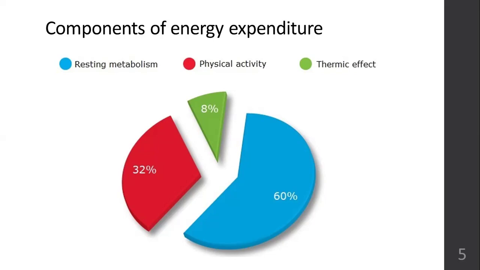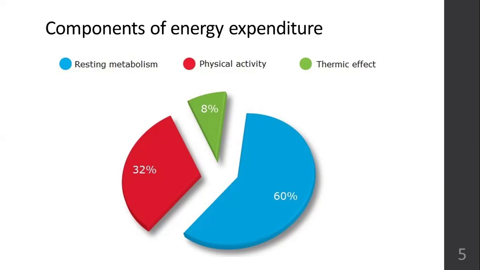For that also the body requires energy. So the majority of the energy, 60% of it, directly goes into your basal metabolic rate, just to keep your body metabolically active. Next, 32% goes into any physical activity.